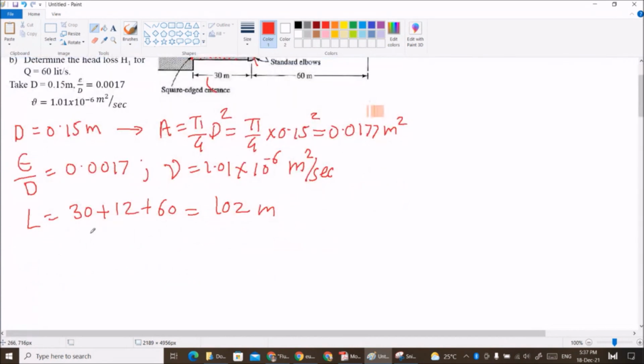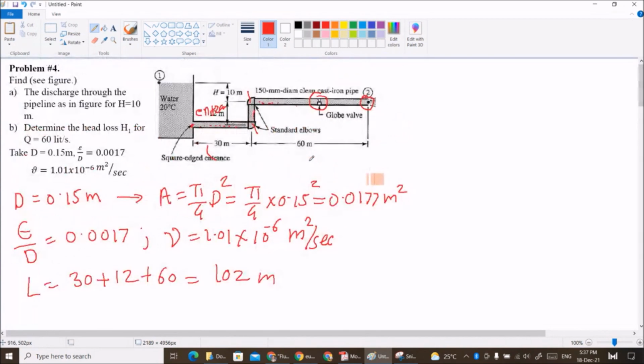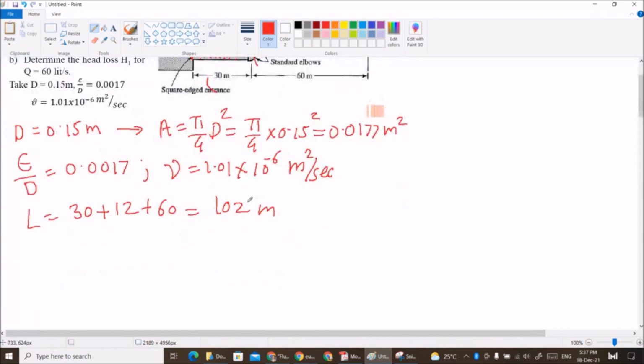Now, as I explained, let us see what head losses we will consider here. K1 is the head loss coefficient due to the entrance, the sharp entrance, and its value is 0.5.